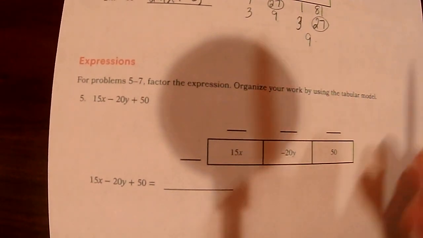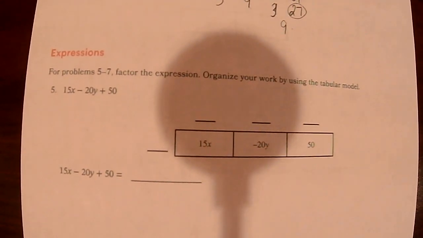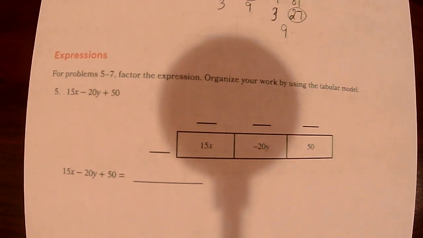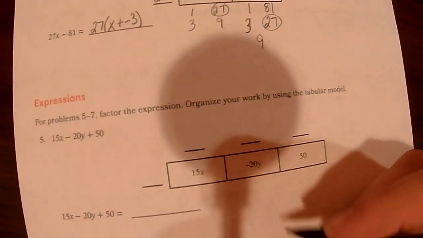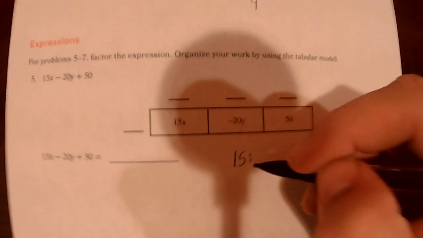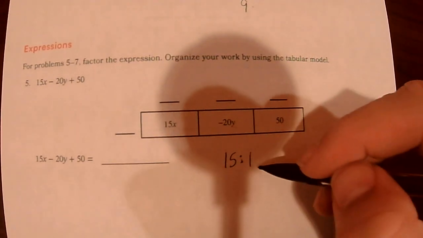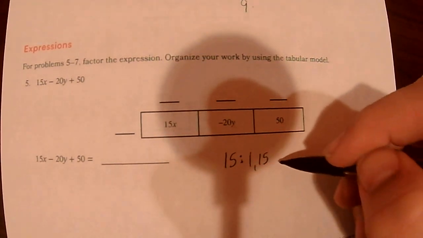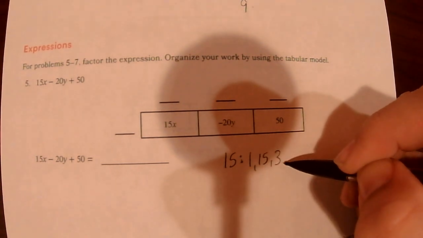Question number 5 is doing the same thing, except now we have 3 numbers. Well, my factors of 15 would be 1 and 15. 2 is not an option. 3 and 5.